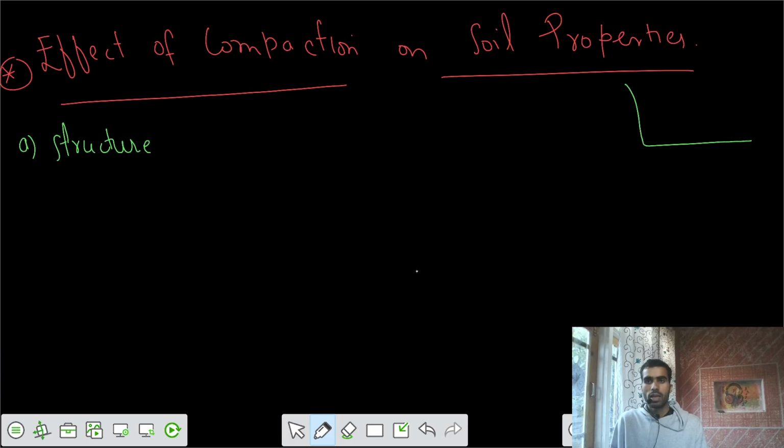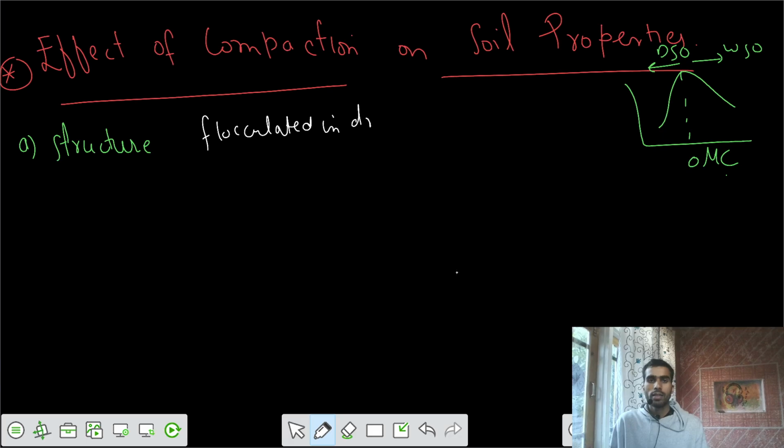Let's make a general diagram: this is your dry side of optimum, and this is your wet side of optimum. The structure becomes flocculated on the dry side, and dispersed on the wet side of the optimum moisture content. So that's your structure.